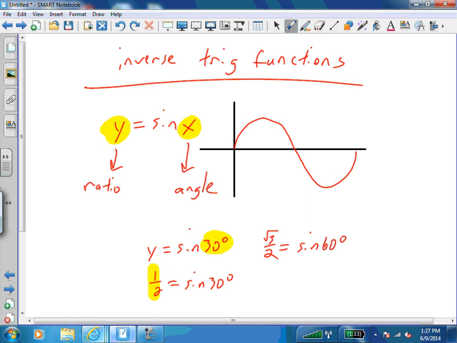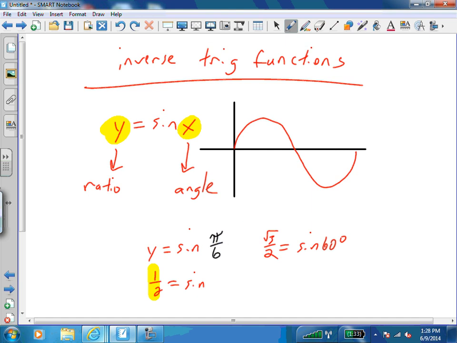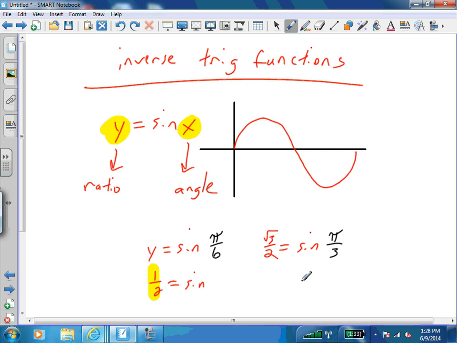Now, typically, especially when we deal with graphs, we use angles in radian measure instead of degree measure. So normally, instead of calling that 30 degrees, we would call that pi/6. Instead of calling that 60 degrees, we would call that pi/3.